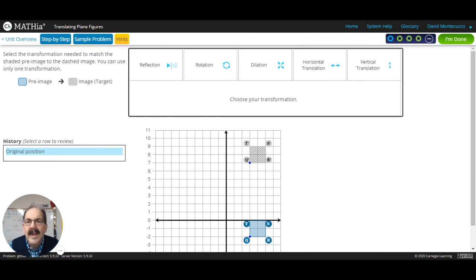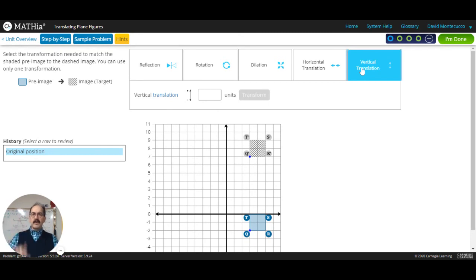Okay, we're going to take blue up. So up and down is vertical. And how many? 1, 2, 3, 4, 5, 6, 7, 8, 9. 9 in the upward position.